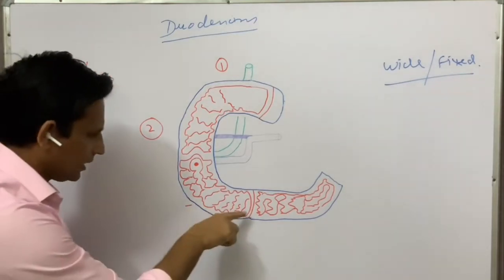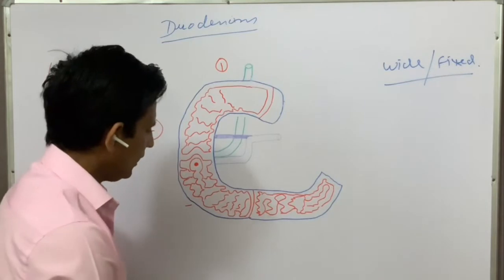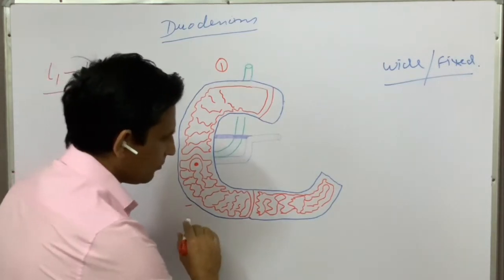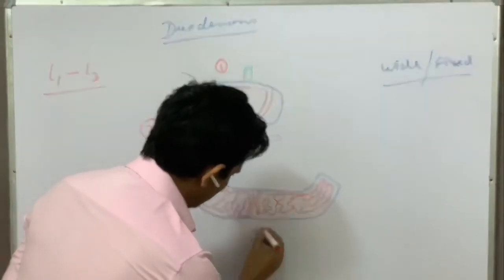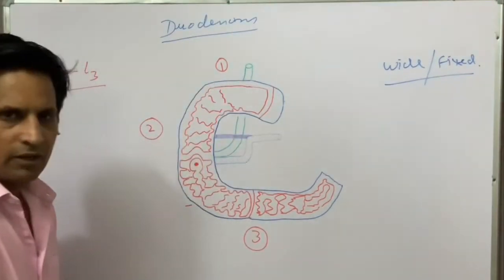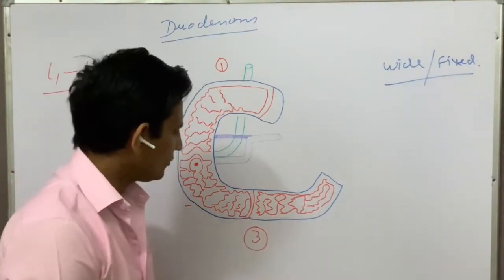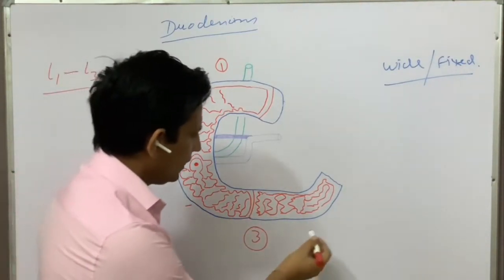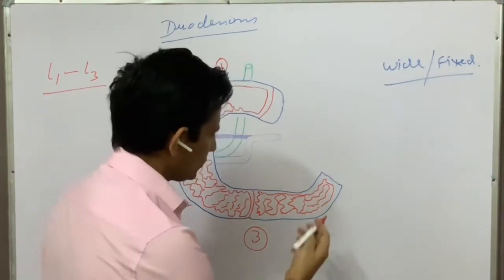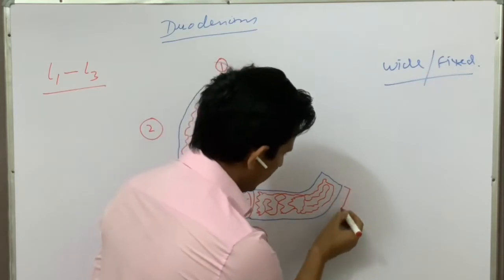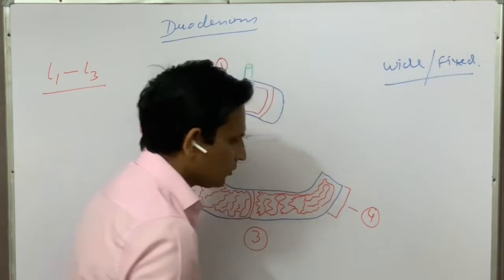Then it comes here again and it runs horizontally towards the midline of the body, and this portion is known as the third part of the duodenum. After running horizontally and crossing the midline, it turns upward, and this particular portion where it turns upward is known as the fourth part of the duodenum.